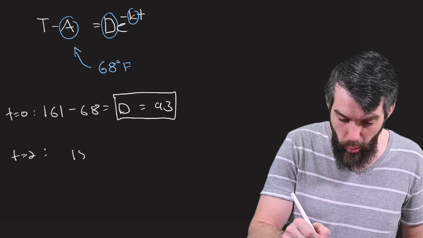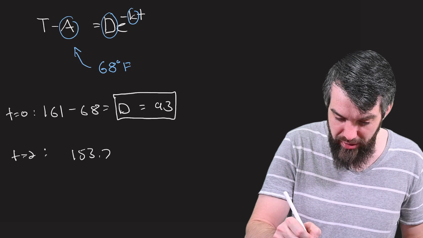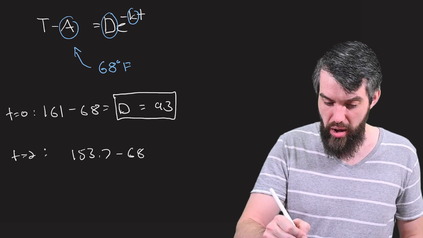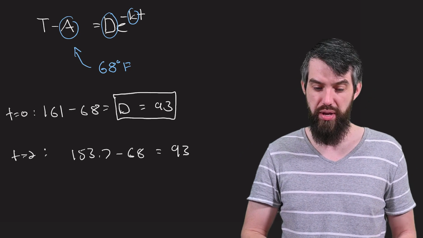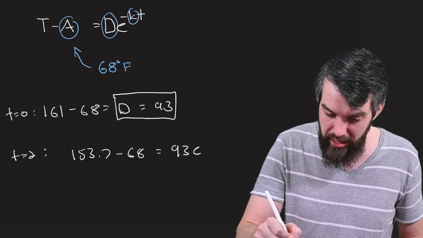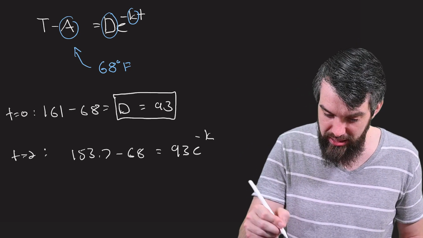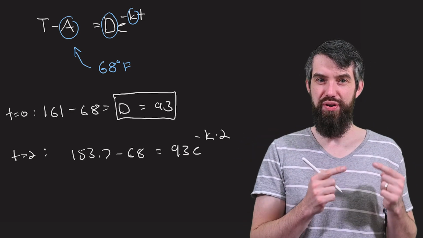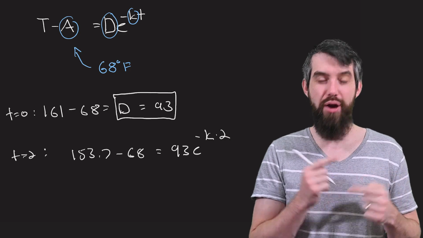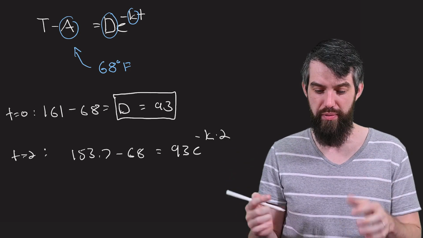What do I get? On the left is 153.7 minus the 68. And then on the right, I now know the value of d, so I can put it in, the 93. And then it's going to be e to the minus k times the value of 2. So that's 85.7 on the left, but how do I even get to the k? I'm going to have to do some sort of logarithm.